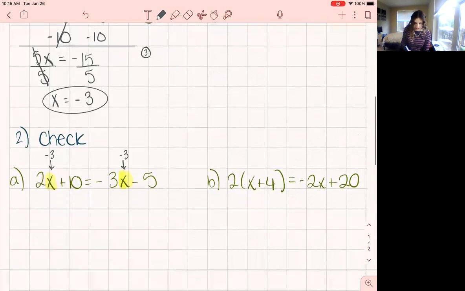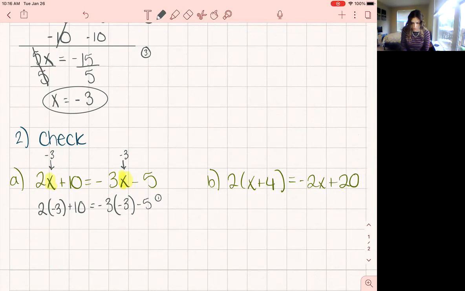So we're going to rewrite this to, instead of x, we're going to put negative 3 plus 10 equals, instead of x, negative 3 minus 5. So that was step 1 of substitution.